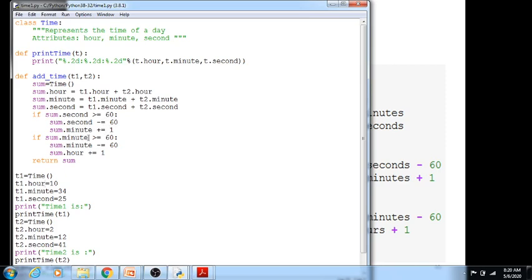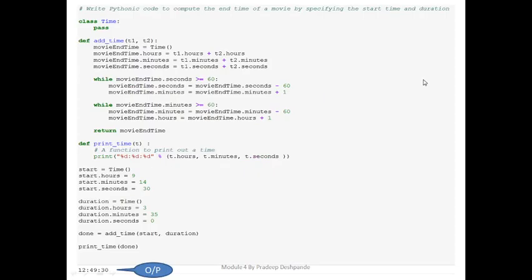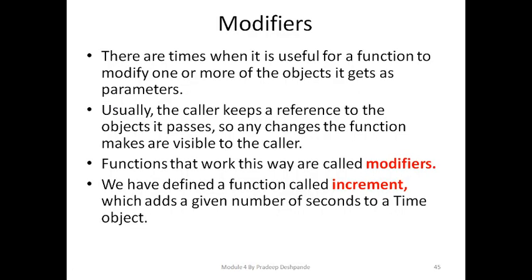Similarly for minute, subtract 60 minutes from minute and increase the hour by 1, then return the sum. This is the modification we have to do, to reduce the problem of seconds and minutes being greater than 60. So that is about the pure functions.